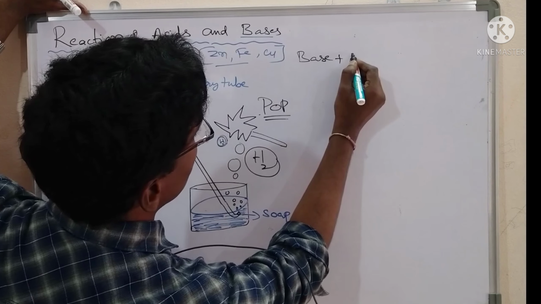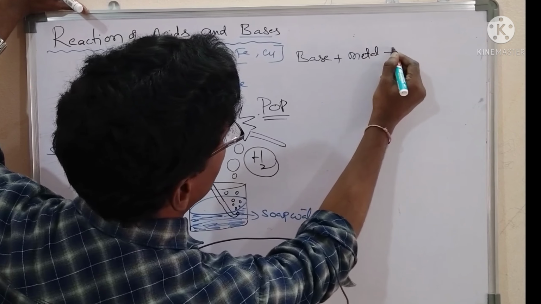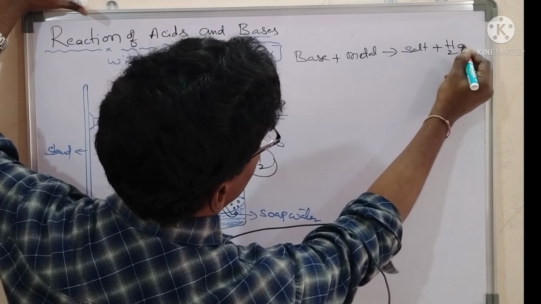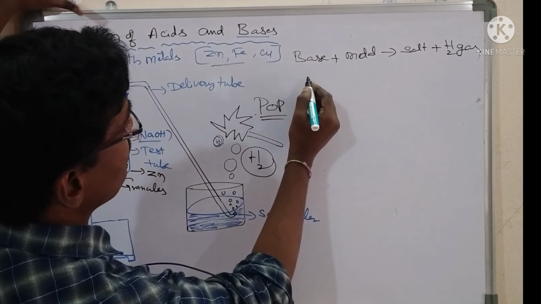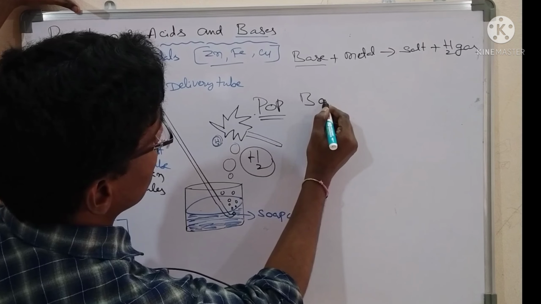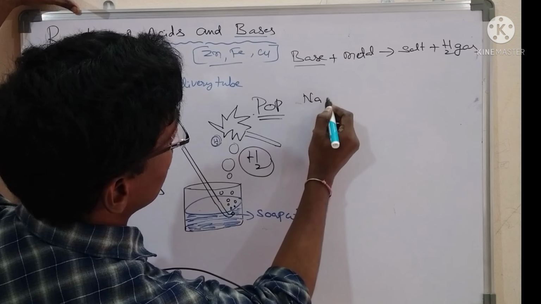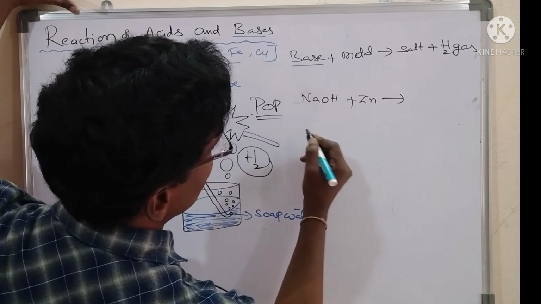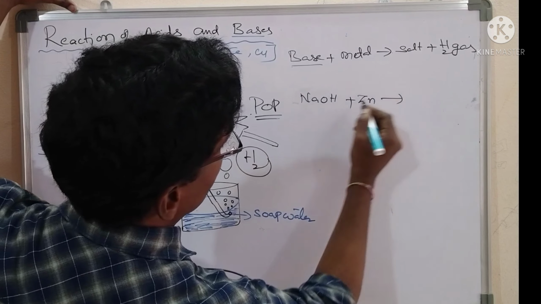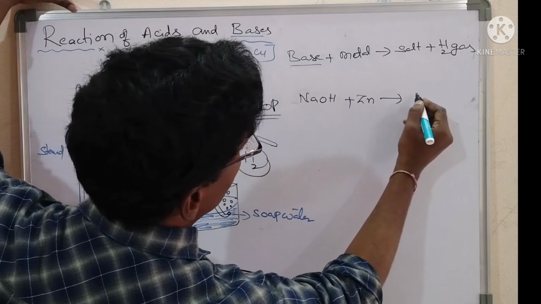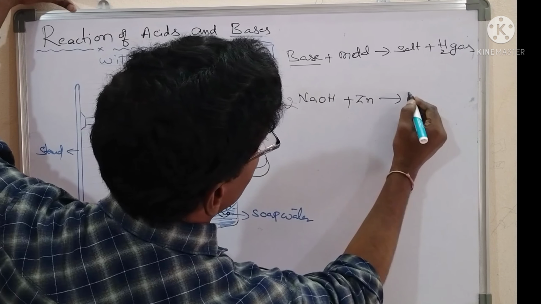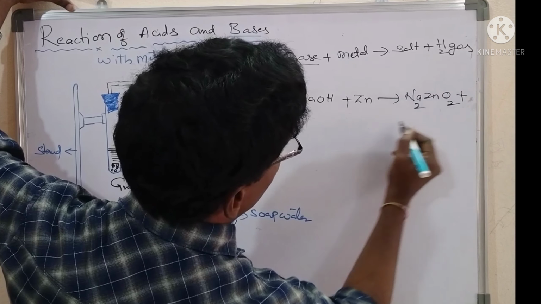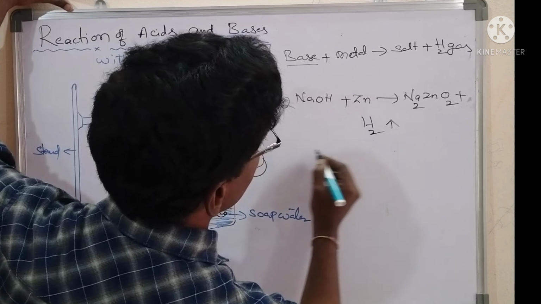Base reacts with metal, giving rise to salt plus H2 gas, hydrogen gas. What base have we taken here? Sodium hydroxide. What metal have you taken? Zinc. Zinc reacts with sodium hydroxide. Taking 2 moles, it gives Na2ZnO2 plus H2 gas.